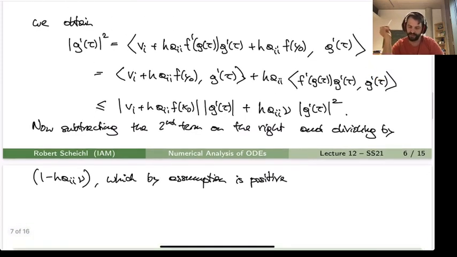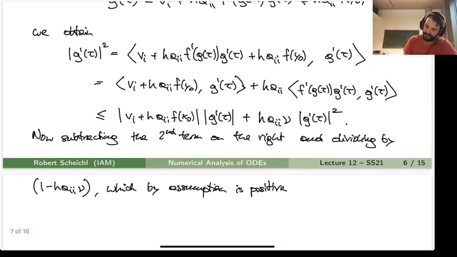So since this is positive, we've subtracted this term on the left, and then we get 1 minus h a_ii nu. So divide through by 1 minus h a_ii nu.